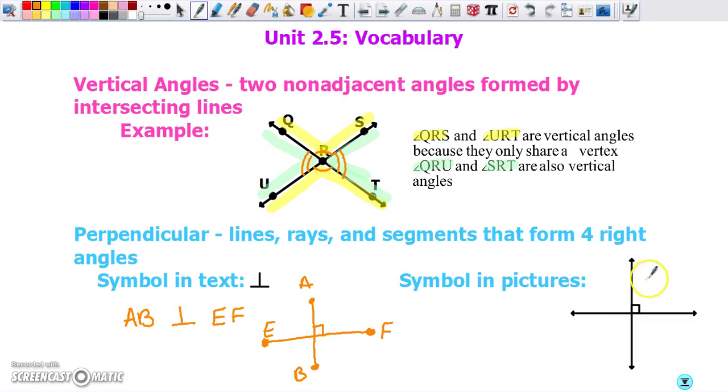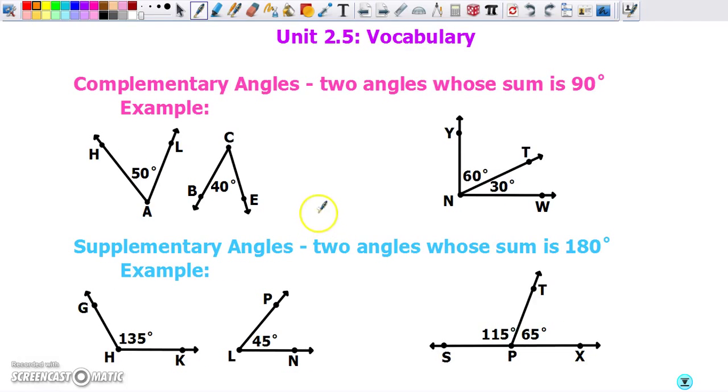And then our symbol in pictures, which comes right over here with the picture, indicates that they're perpendicular. And really, when you know that this one is a right angle, you know that all four of them are going to end up being right angles as well. So just something to keep in mind. But knowing these two things, what does this mean in a picture? What does it mean if it's written out in this form right here? That way you can apply it when necessary.